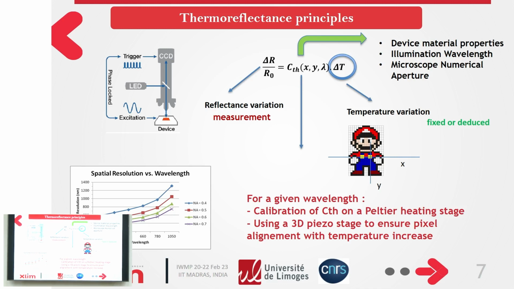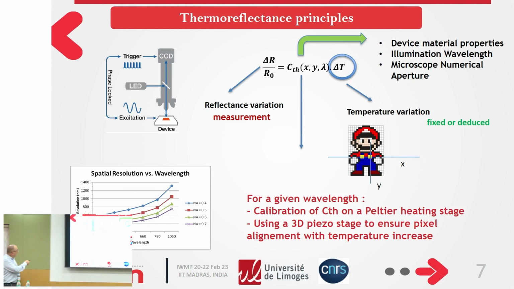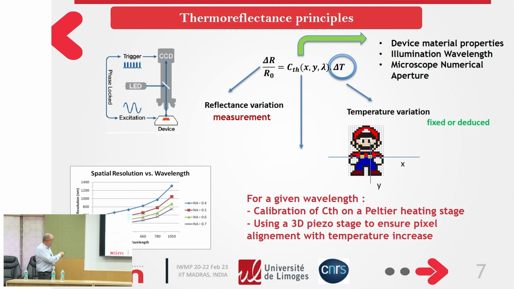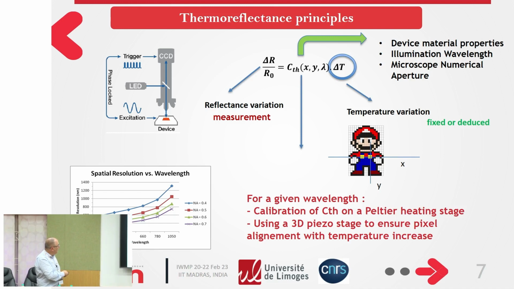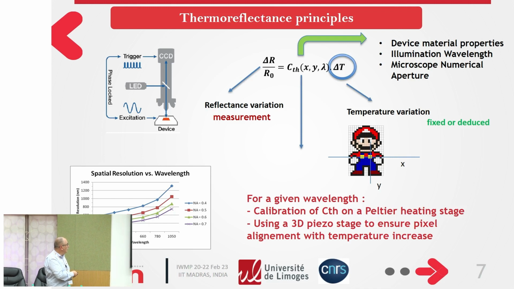To continue with the thermoreflectance principle and the test setup, we have on the left side the reflectance variation, which is obtained by measurement, and on the other side the CTH, which depends on the material property, the illumination wavelength, and the microscope numerical aperture.